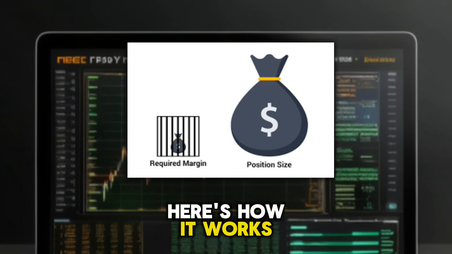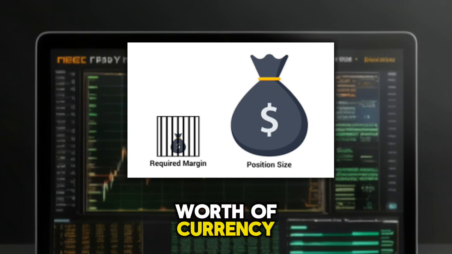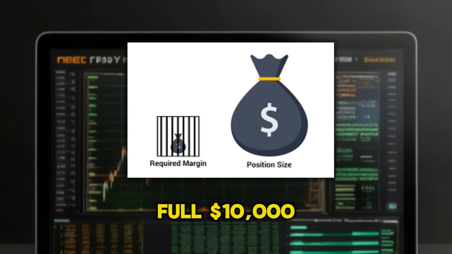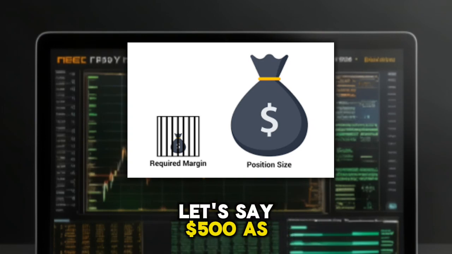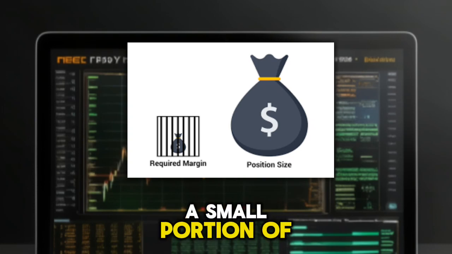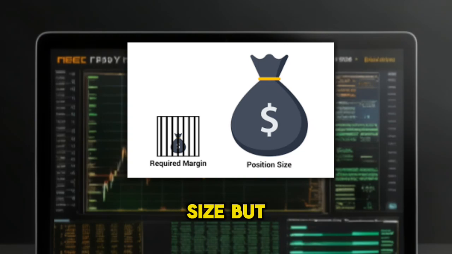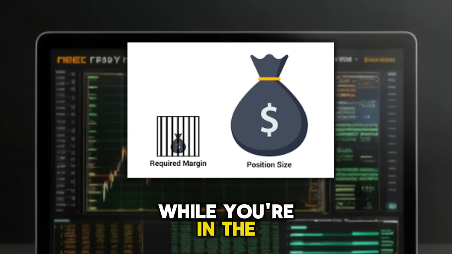Here's how it works. Let's say you want to trade $10,000 worth of currency. Instead of needing the full $10,000 in your account, your broker might only require you to have, let's say, $500 as margin. This $500 is just a small portion of the total position size, but it acts as a safety net to ensure you can cover any losses that might occur while you're in the trade.